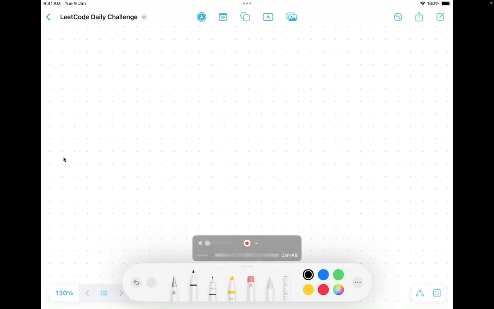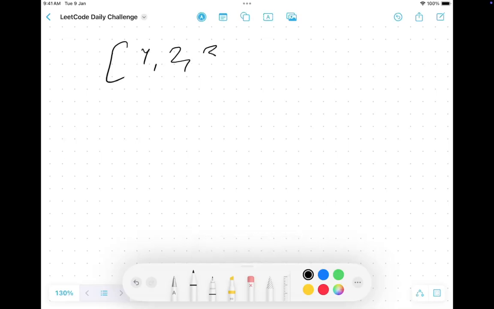So we are given 4 2 3 1 and cars is 10, right? So we have this mechanic, we have this mechanic. What is the maximum time that we can guarantee these 10 cars will be repaired?